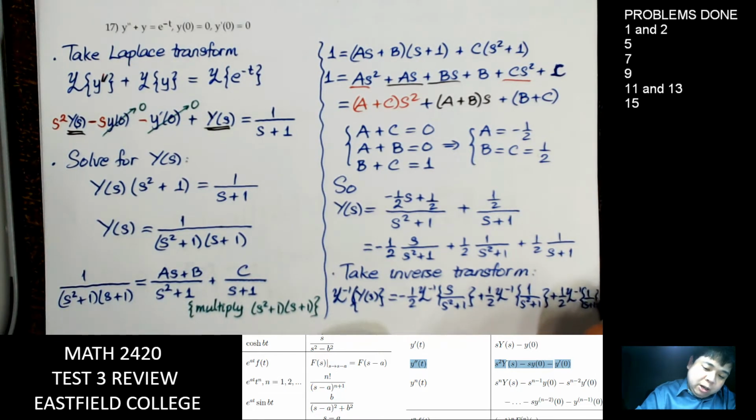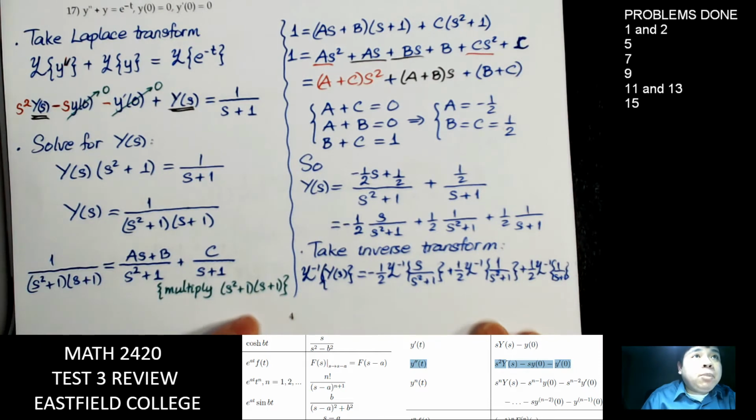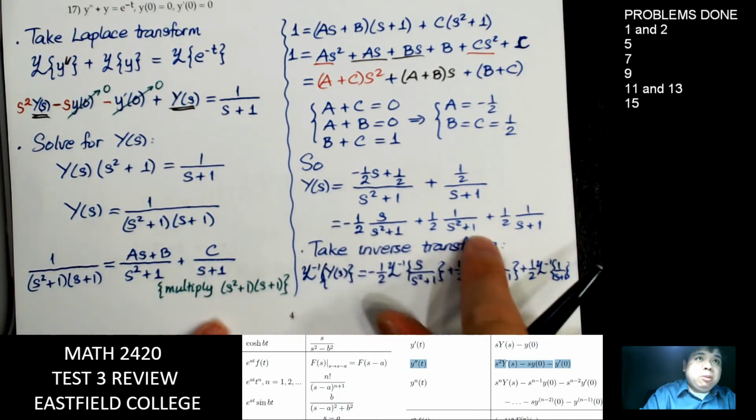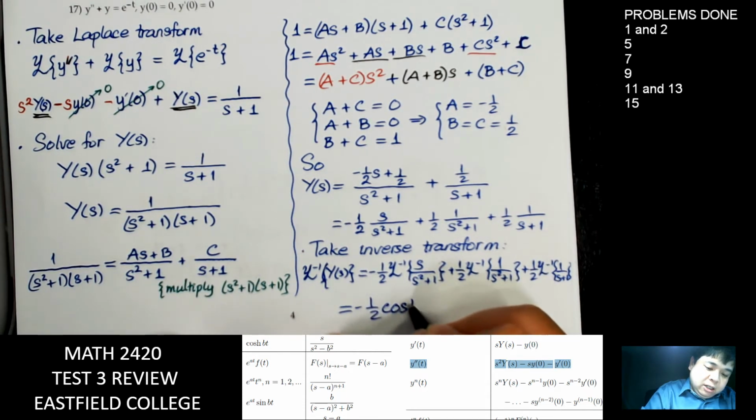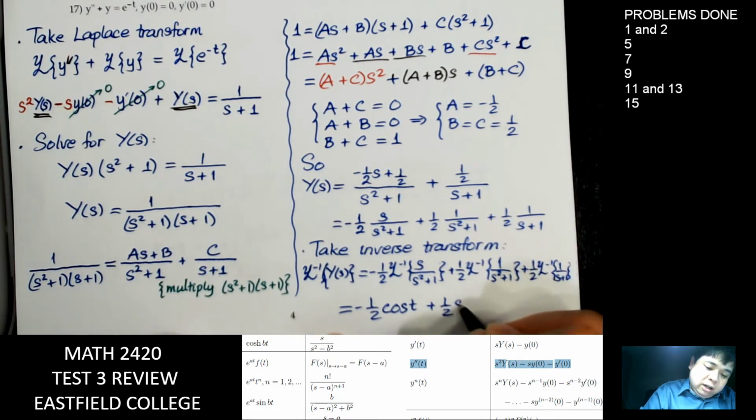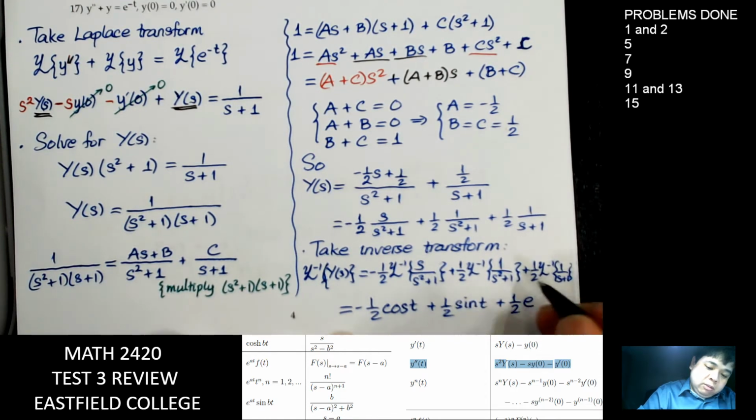It's pretty much just the inverse transform of each one, and we end up with negative 1/2 cosine of t, plus 1/2 sine of t, and plus 1/2 e to the negative t.